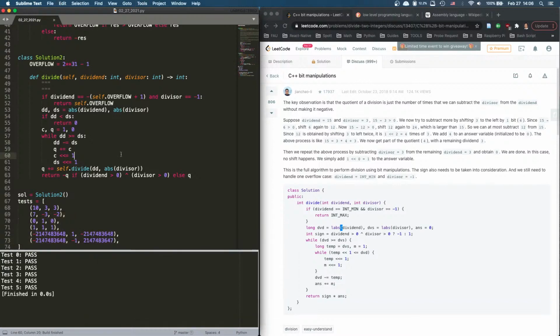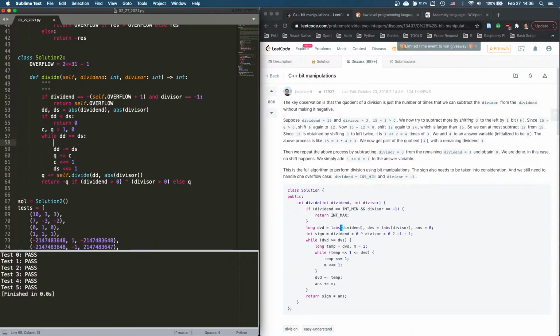Okay. So this is still the recursion solution, right? We want to see if it's possible to do it without recursion. So it's basically almost tail recursion, so we can turn it into a loop. So we have DD and DS, and DS has decremented. So while DD is larger equal to DS, we shall do a temporary value for DS.